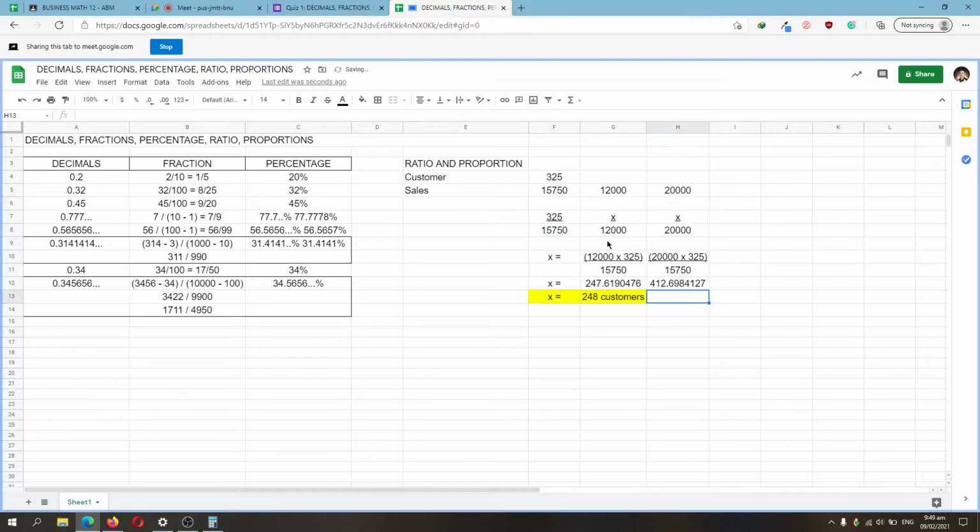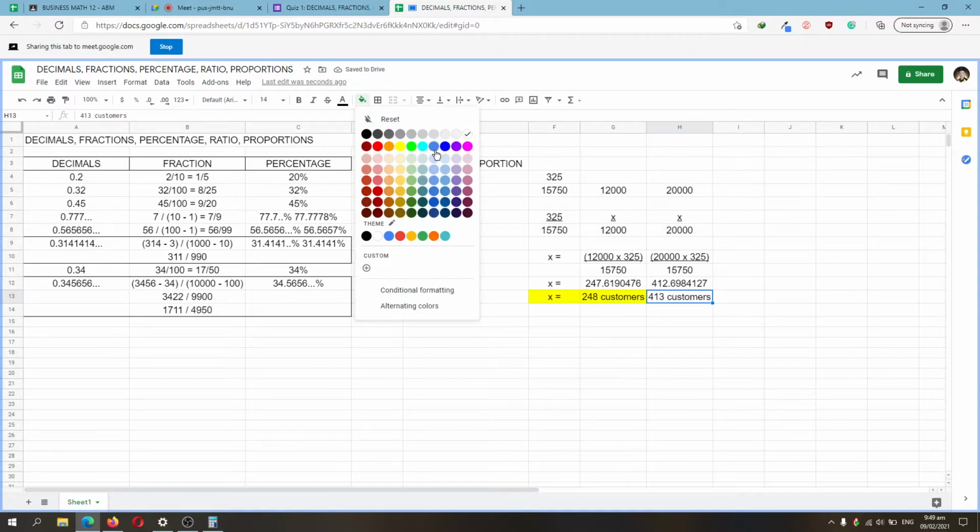Ano sagot? So, tingnan niyo, as the sales increases, nag-increase din yung ating number of customer. So, round to the nearest whole number. So, meron tayong 413 customers. Okay? So, meron tayong 413 na customers.